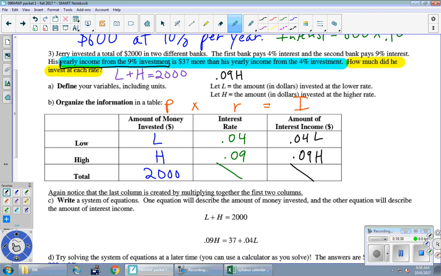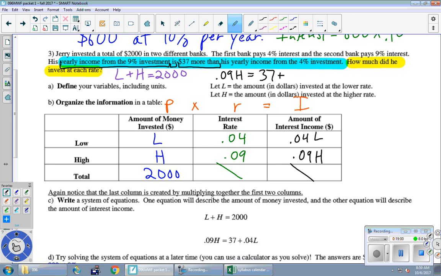Next thing is, stop reading. What symbol? Equals. Next clause, $37 more than. Stop reading right there. What symbols am I writing? 37 plus. See it? 37 more than.